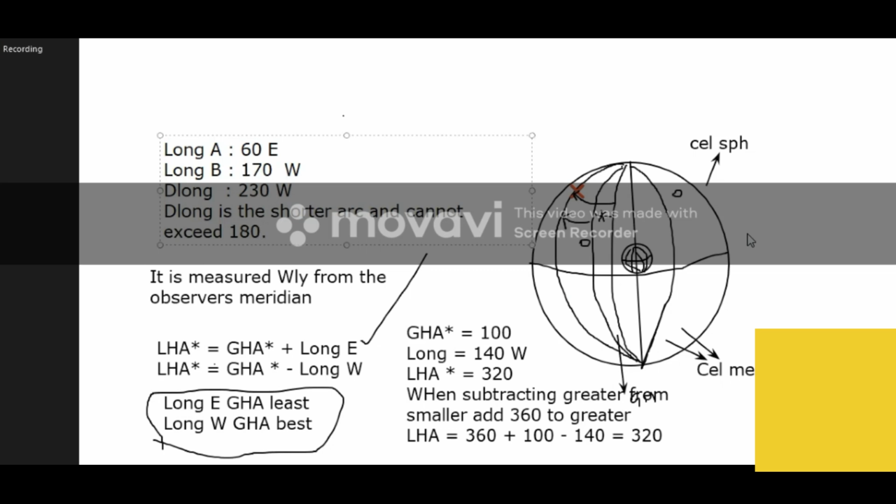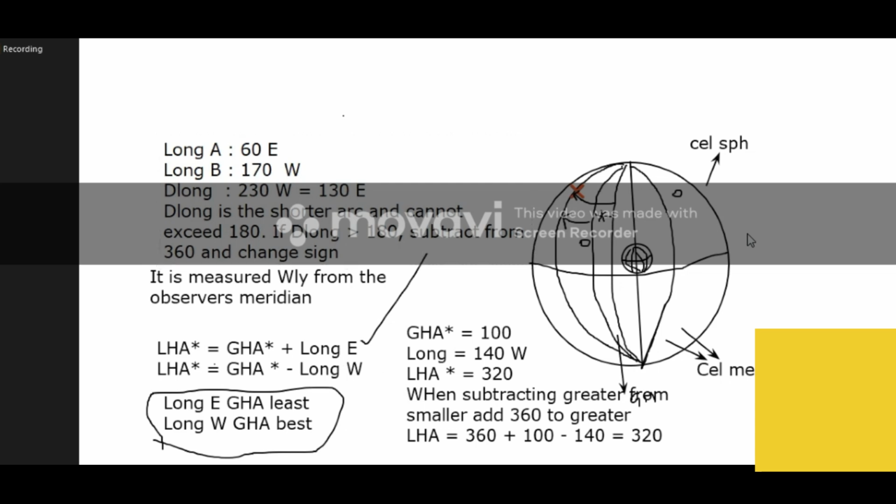Therefore, if D long is greater than 180, subtract from 360 and change sign. So in this case, subtract from 360. तो कितना हो गया? 130 हो गया. 130 east हो गया.